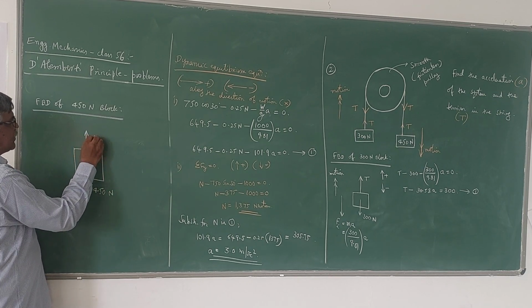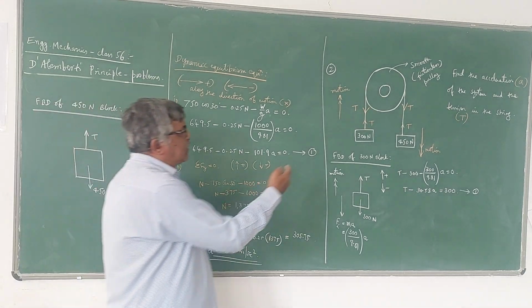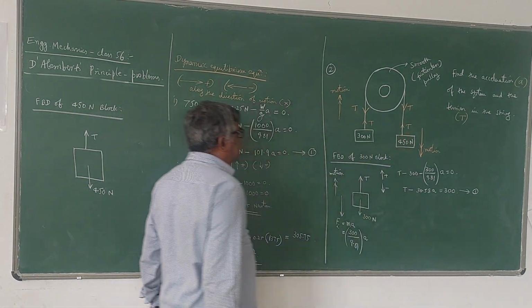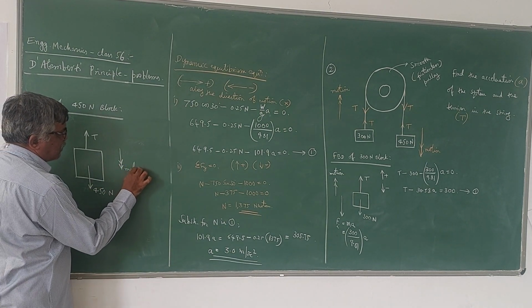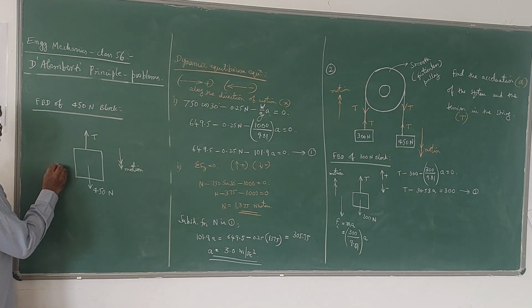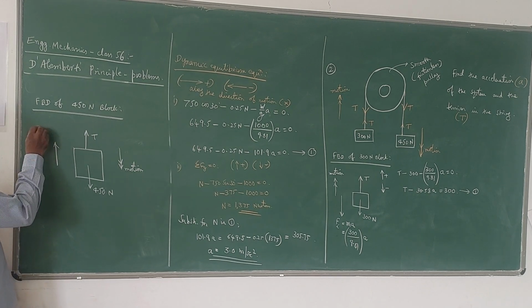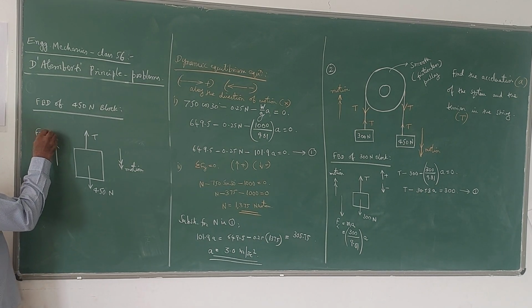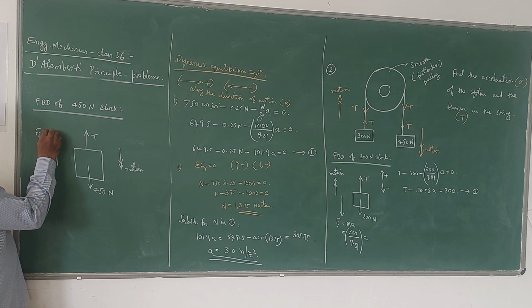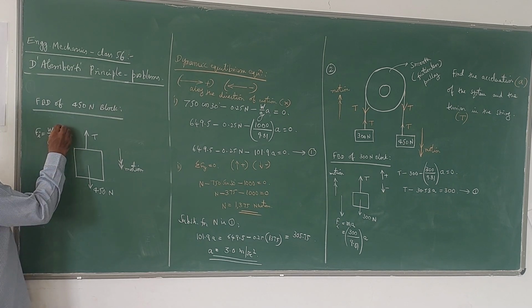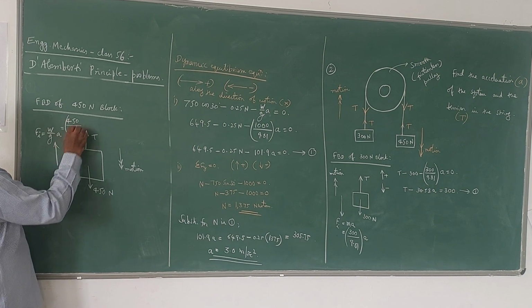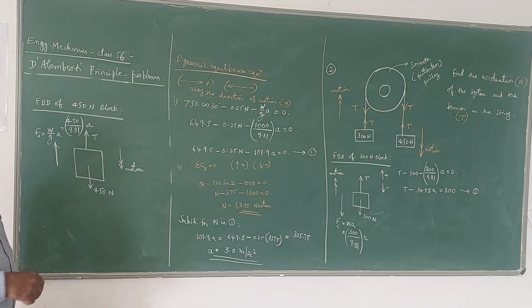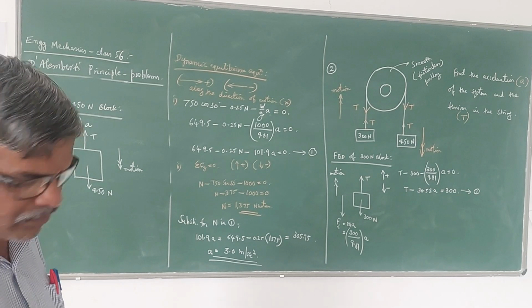Tension force T in the string will be acting like this, and since the direction of motion is downwards for this block, the inertia force acts in the opposite direction, that is upwards. M into A means here M is W by G into A. W is 450 here, please note that. So 450 divided by 9.81 times A. So this is the free body diagram for the 450 Newton block.